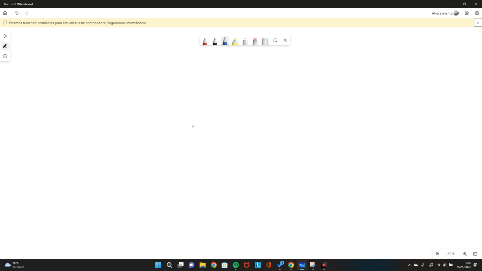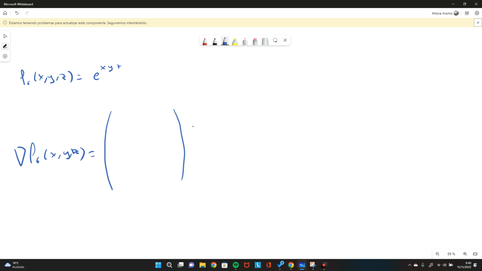In number 6, we have three variables, as I said, x, y, and z. And so we have e to the power xyz. The gradient is with respect to these three variables, x, y, and of course z. So here we have three partial derivatives.